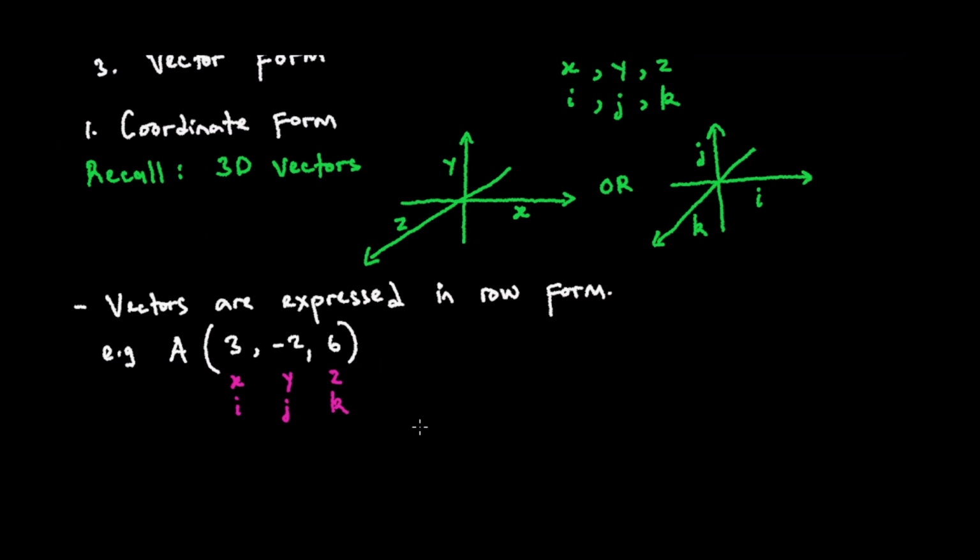Previously we were only writing coordinates when we were using x, y in the same form, but in this case we are referring to a vector. If we now go to our number 2, which is the column form. The column form is the most famous, the form we use most often, because it is the easiest form to do calculations with.